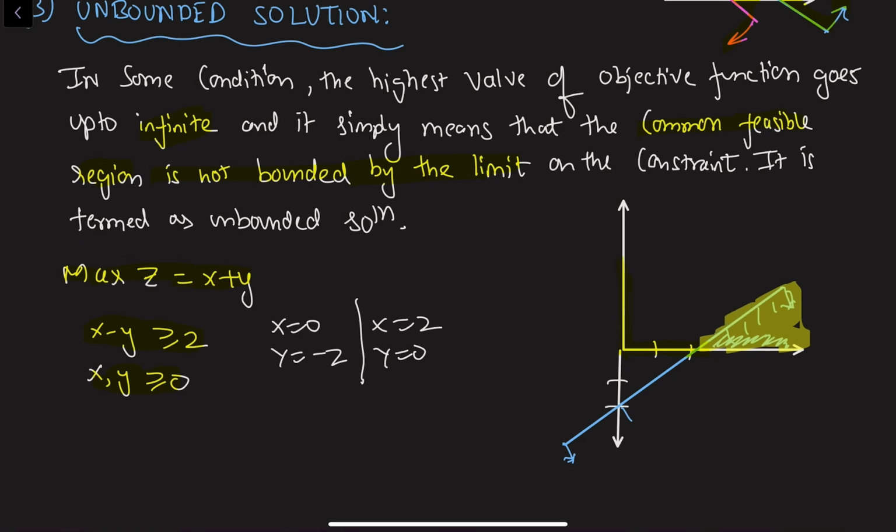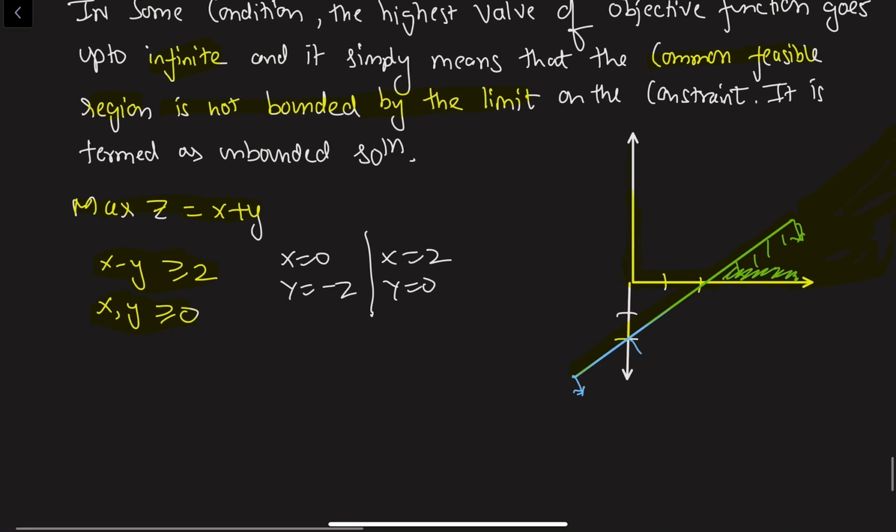I'll just shade again x minus y greater than 2, then you have this curve drawn, then you have another constraint x and y greater than 0, so y greater than 0, x greater than 0. Then this is my feasible region, and this is unbounded, right? It can be infinite. So this is called an unbounded solution.